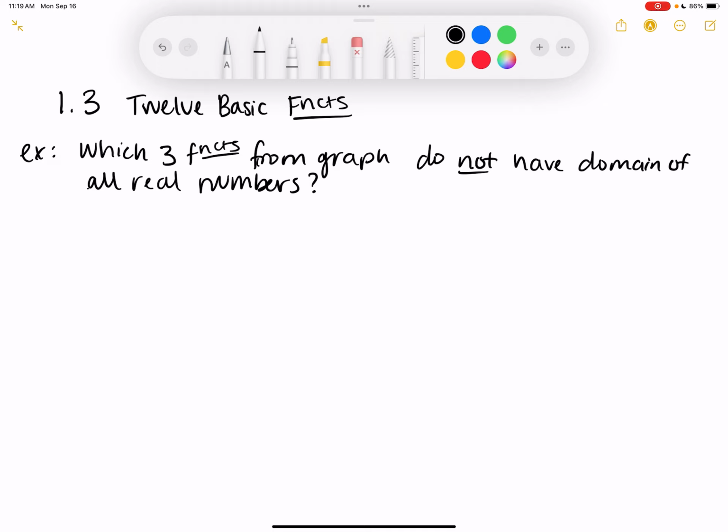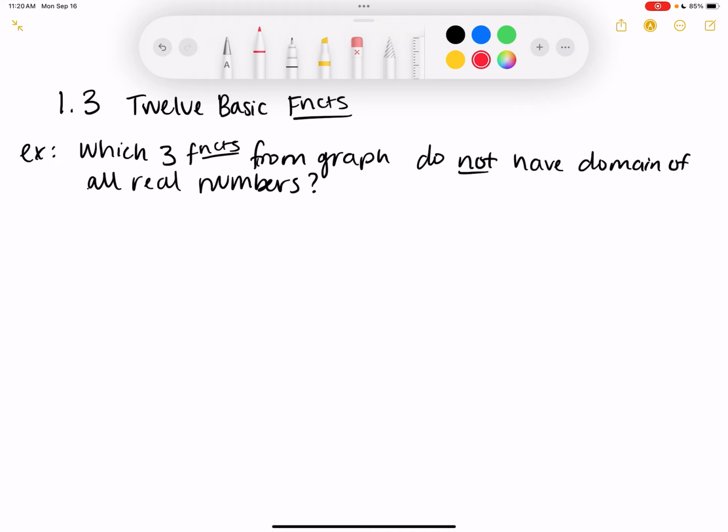So, which ones do not have a domain of all real numbers? No, like which graphs? I need the 3 that do not have a domain of all real numbers.